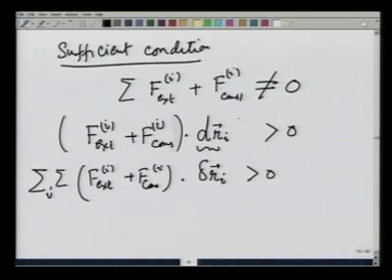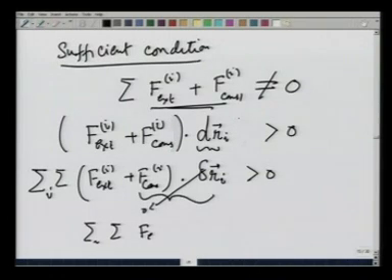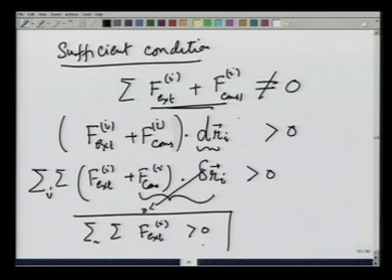So, the work cannot vanish. If the work vanishes, that means that this sum must be 0. Again, we are going to use the fact that the work due to constraint forces is 0, and therefore, again summation F external i dot delta Ri is greater than 0. Applying the same argument, if this is non-zero, the system is not in equilibrium; if this is 0, the system must be in equilibrium.